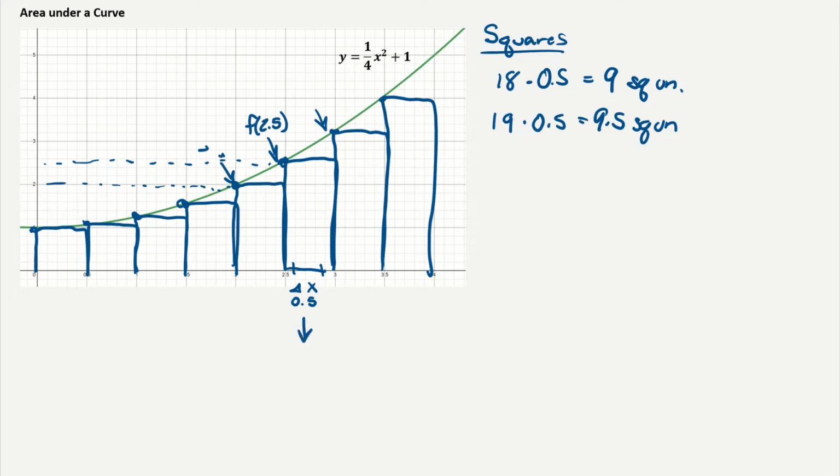And so to find the area of that rectangle, we would go 0.5 times f of 2.5, which in other words is your width times height, the area of a rectangle. And we would have to do that for each of these rectangles, so all 8 of them, and find that added up.